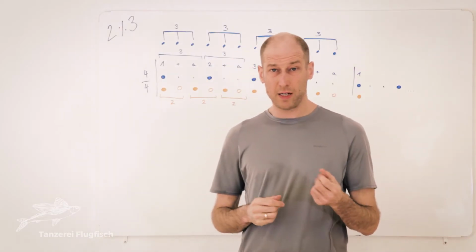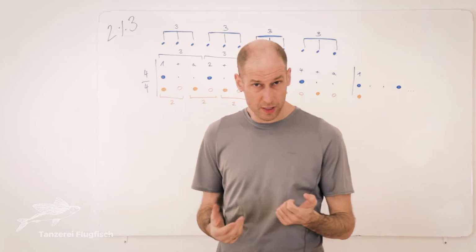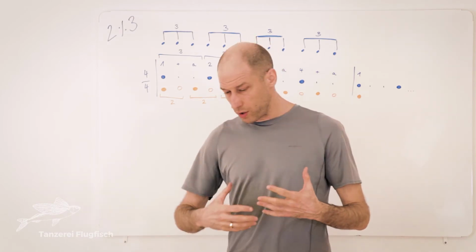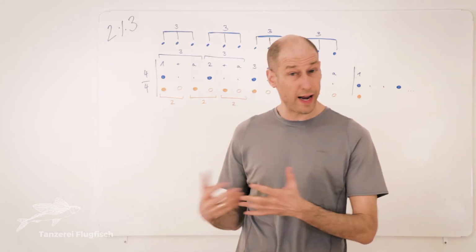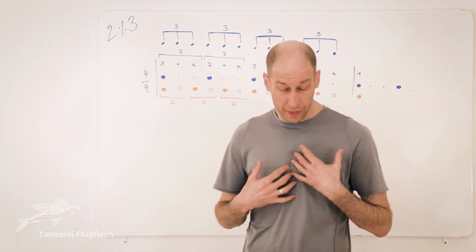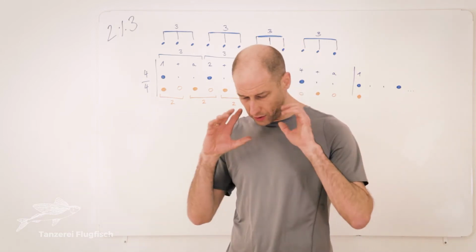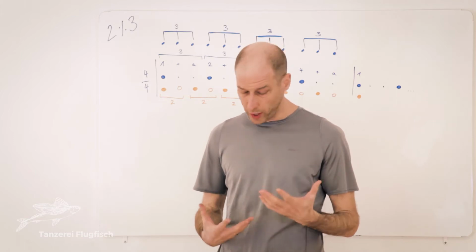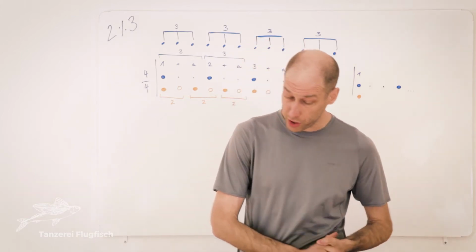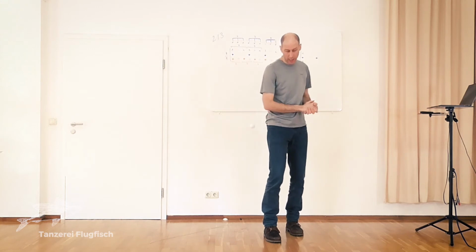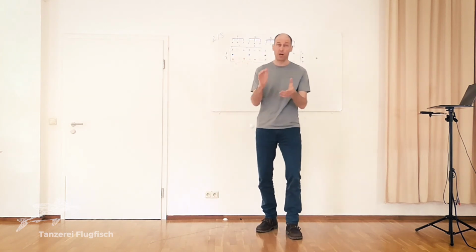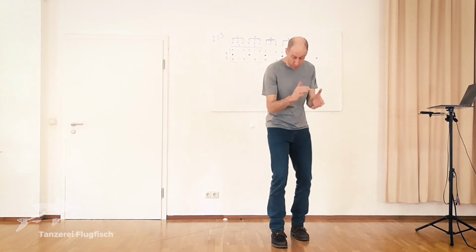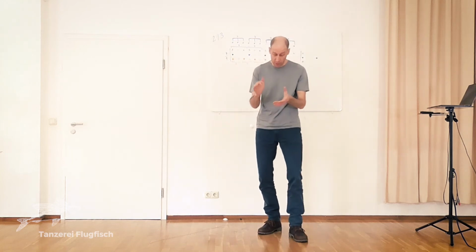If this is not immediately accessible to you, if this feels difficult, try and do it so slow that you can really easily do it and check the coordination. It will get faster by itself. But I think it's really important to get it, to understand it fully and feel comfortable while doing it, and it's not a problem to do it very, very slow. 1 and 2 and 3 and 4 and 1 and 2 and 3 and 4 and 1 and 2 and 3 and 4 and 1.